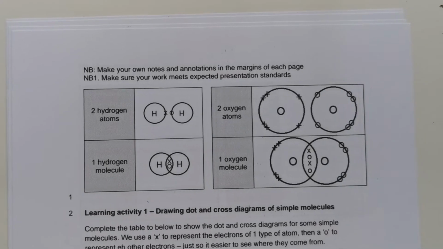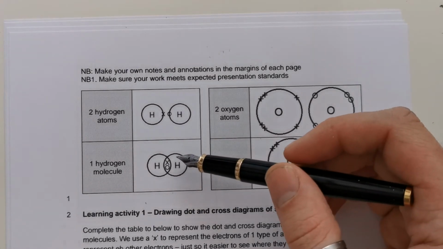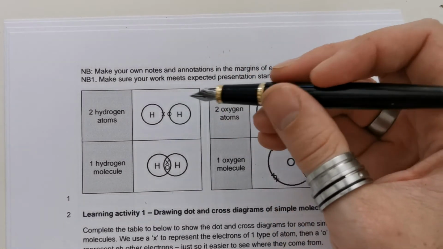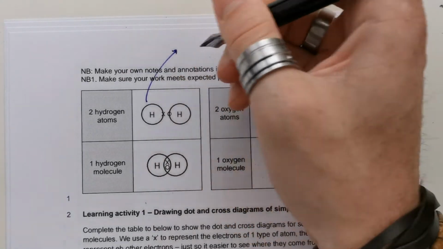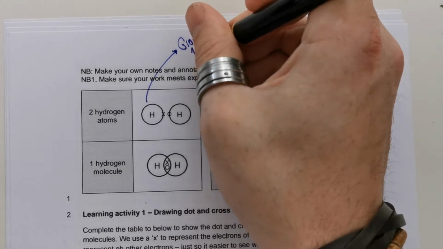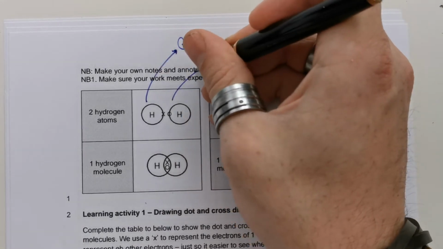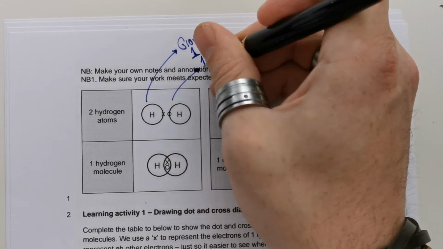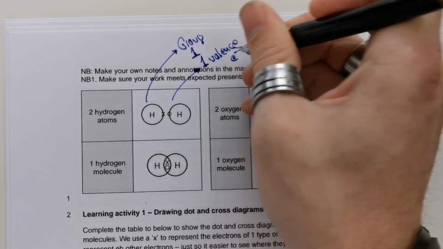At the top of page 6, you'll see two diagrams like this. Compared to the rubbish version that I just drew, this is exactly the same. As you'll see, hydrogen is in group 1 of the periodic table, which means it has one valence electron.